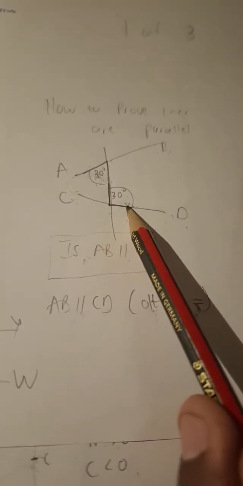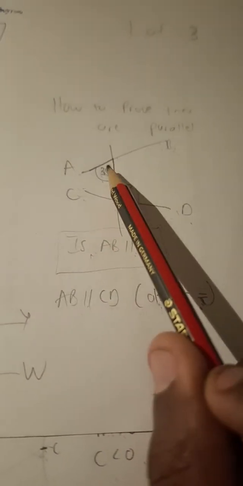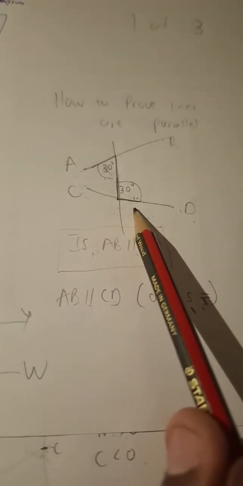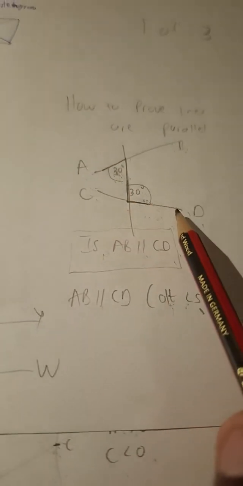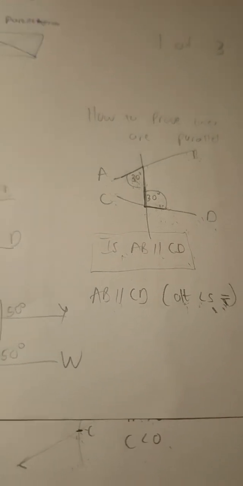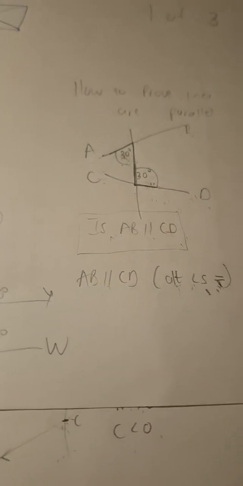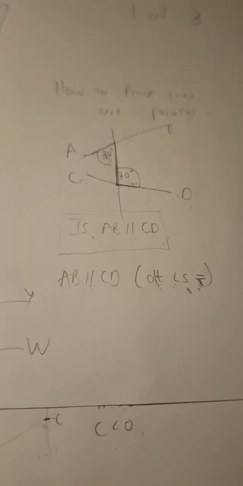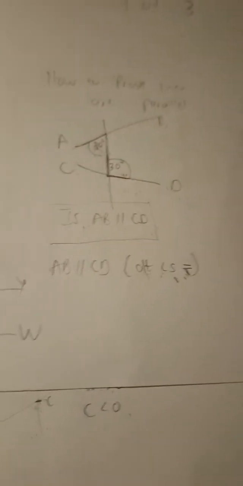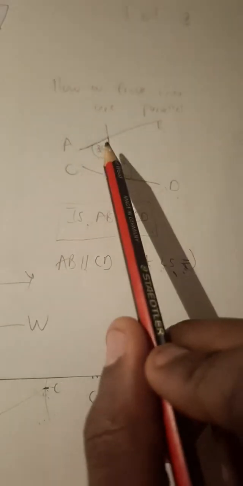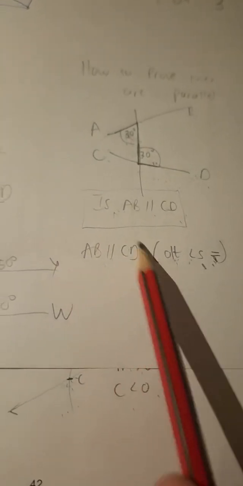One of the situations is looking as to whether the angles between those lines are possessing alternate angles that are equal. If the angles between those lines are possessing alternate angles that are equal, then you can conclude that the lines are parallel.